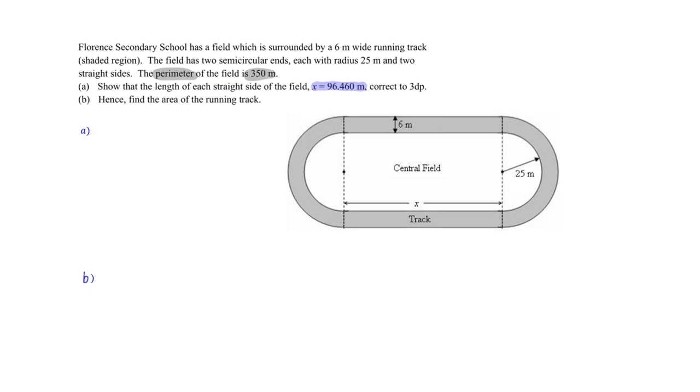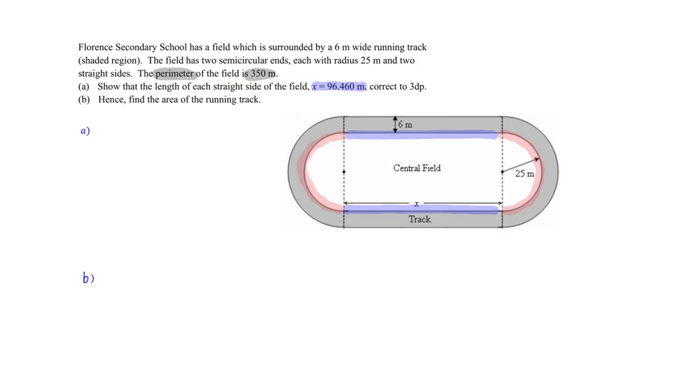Perimeter. This means I will need to find the length of the two semicircles, which combined become one circle. Then this is my x and x, and they add up to 350.